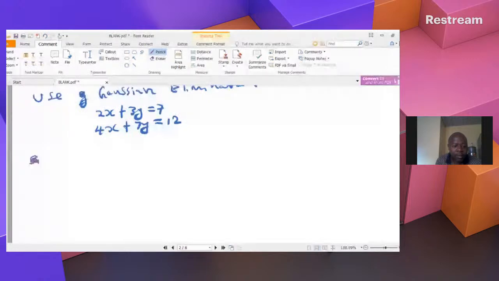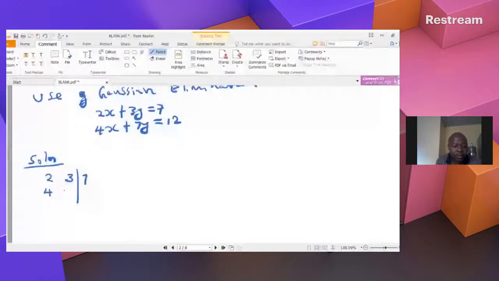This is our solution. Now extract the augmented matrix, and we just extract the coefficients, and this is for 12.